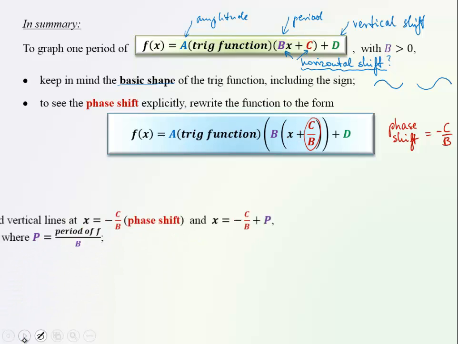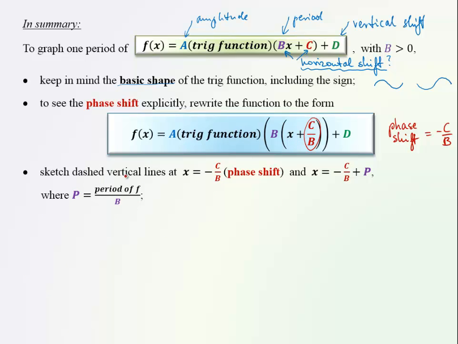And then we want to start graphing boundaries for the first period of our future function. So those boundaries will be as follows. It will be a vertical line, x equals negative c over b, that's the phase shift. So that will be the left-hand side of our future full period, and the right-hand side will be bounded by this phase shift plus the period.